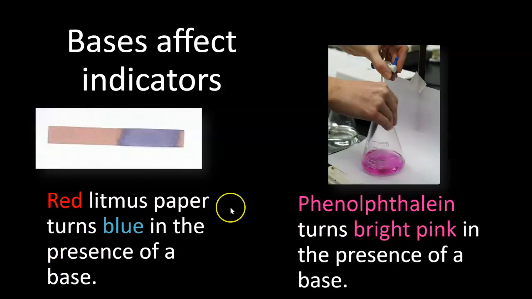Now phenolphthalein will do the opposite. So remember before with the acid, if we started with the pink phenolphthalein and we added an acid to it, it would disappear. Here, if you add phenolphthalein to a base, it will turn bright pink in the presence of a base. So if you add phenolphthalein to a solution and it turns pink, that's going to be our indication that there's a base.